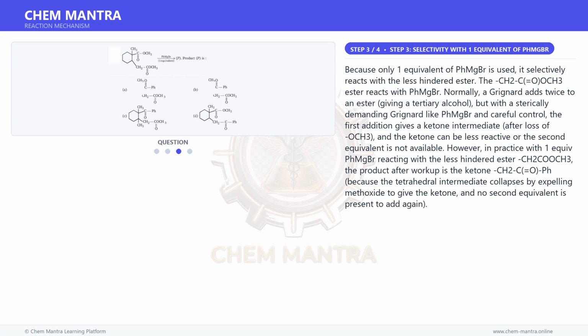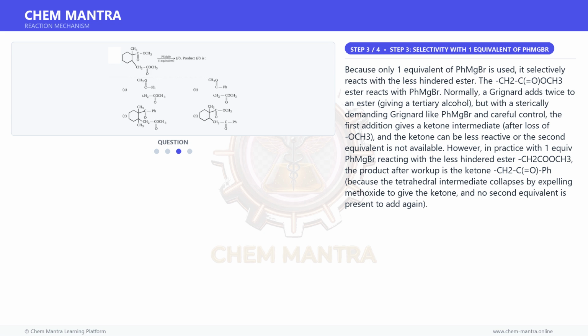Normally, a Grignard adds twice to an ester, giving a tertiary alcohol, but with a sterically demanding Grignard like PhMgBr and careful control, the first addition gives a ketone intermediate after loss of OCH3, and the ketone can be less reactive or the second equivalent is not available.